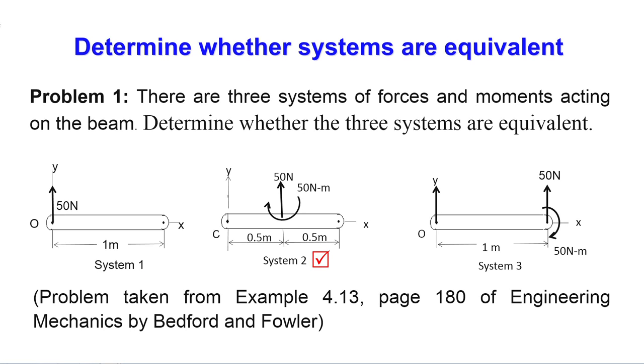In the second case, the moment arm is 0.5 meter, so 0.5 into 50 Newton is the moment, and another moment of 50 is there. So, this 50 Newton force creates a positive moment, because it is anti-clockwise, and the 50 Newton meter moment already there is negative, because it is clockwise. So, they cancel each other. And in the third one, at the end of the bar a 50 Newton force is there.